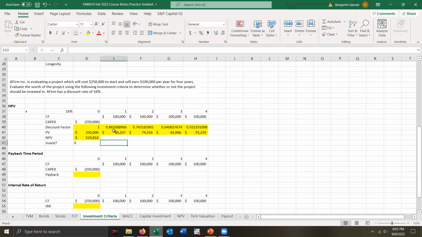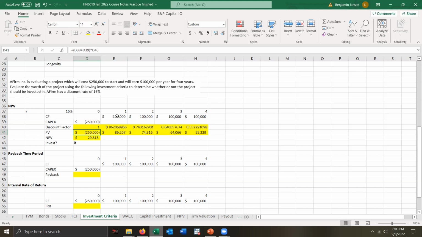Why is the present value in that one, in D41, positive again? I guess in my head, I was thinking it should be negative. Nope, I made a mistake there. Thank you for pointing that out. So I have a negative cash flow in CapEx and I subtracted the negative. That's why. Yeah, I was about to say that's really high for NPV.